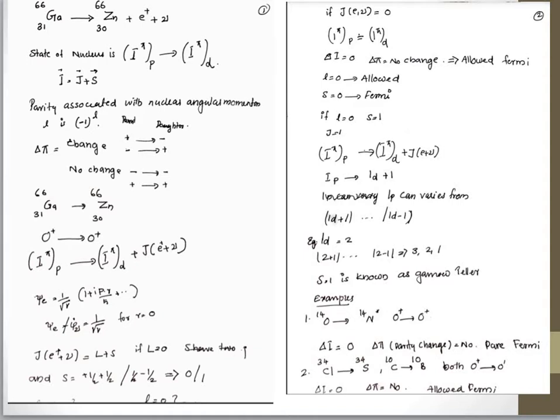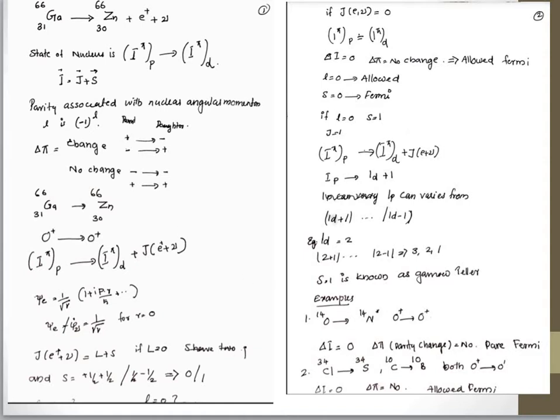And the electron and neutrino have spin angular momentum half. They can combine in two ways. If their spins are parallel, it is half plus half, 1. If their spins are anti-parallel, it is half minus half, 0. So S can take two values, half plus half and half minus half.